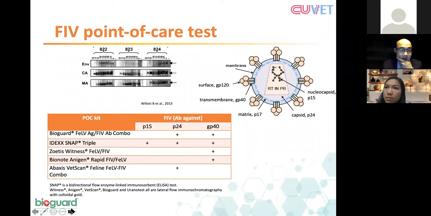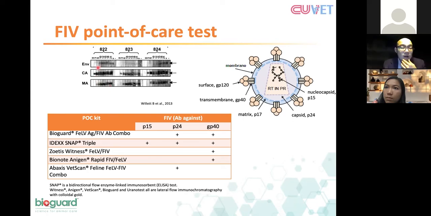Here I just want to show you that tests that detect different antibodies against different proteins have slightly different characteristics. Look at this study by my supervisor back at the University of Glasgow, Dr. Brian Willett.